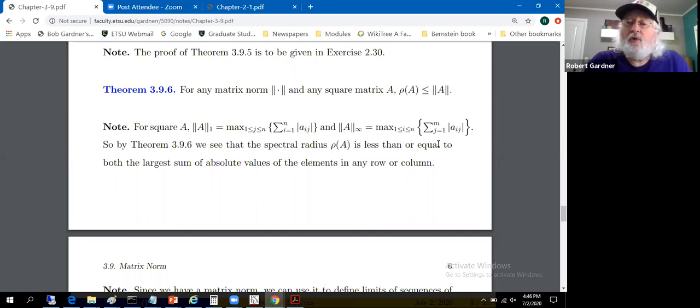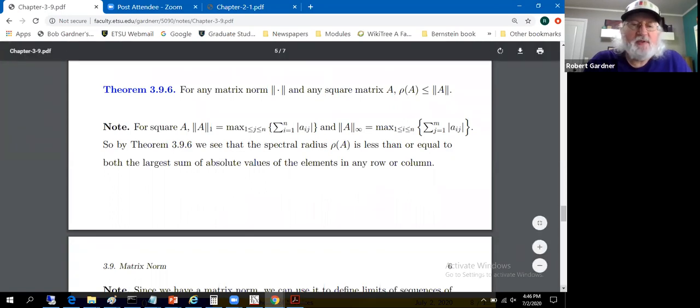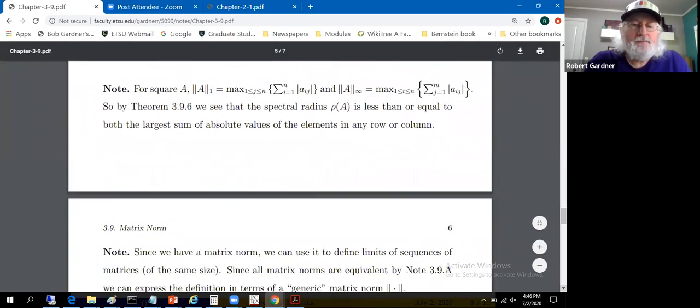For the L infinity norm, we're letting the j's vary, so we're taking a sum over rows and taking a maximum row sum. We could use those norms up here and draw the conclusion that the spectral radius is less than or equal to both the largest sum of absolute values of the elements in any row or in any column. Simply apply Theorem 3.9.6 to these particular norms and observe what they are, as we stated in the previous video, two or three slides ago.